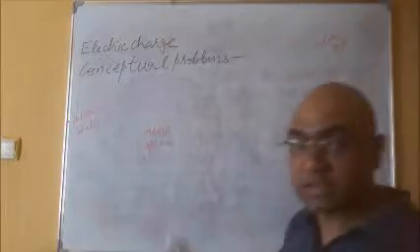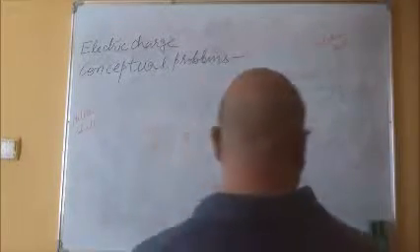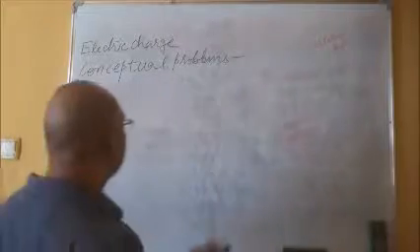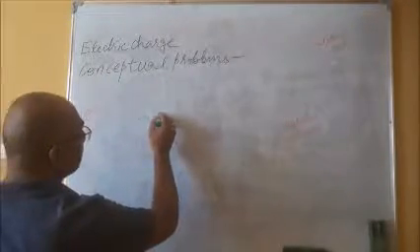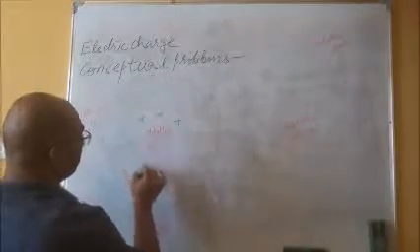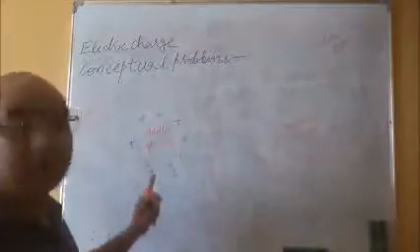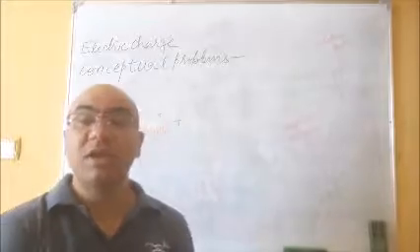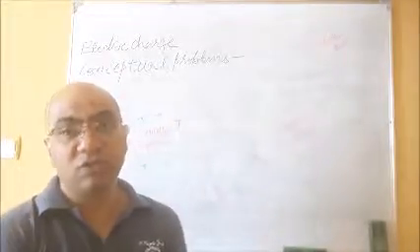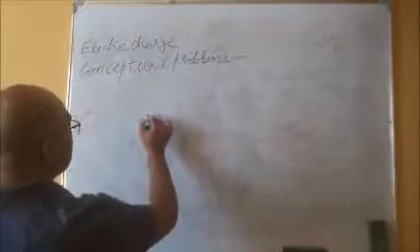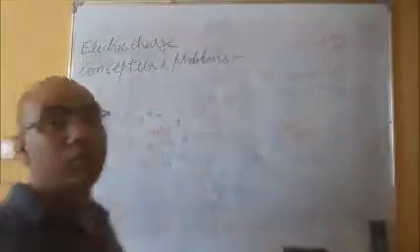In the first case, we have charge at this surface. That is to say, in the first case the metallic sphere has plus Q charge, which is uniformly distributed.